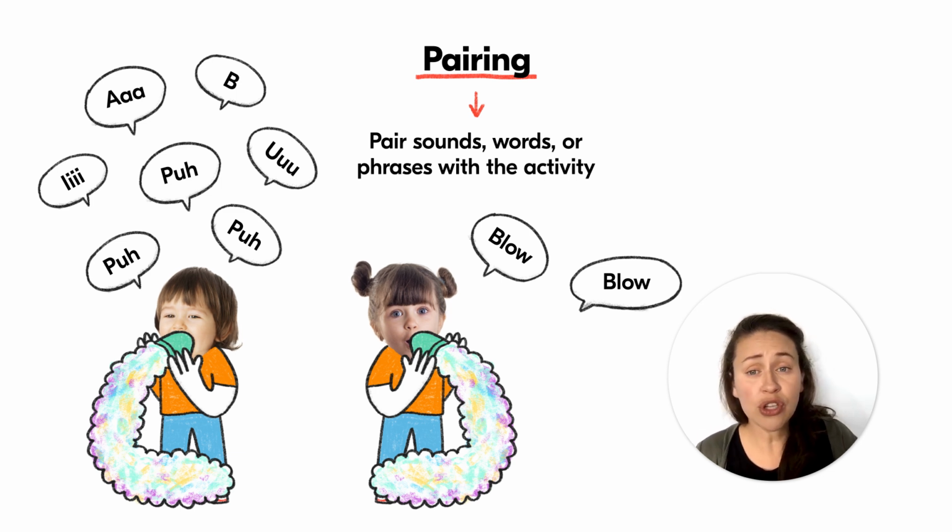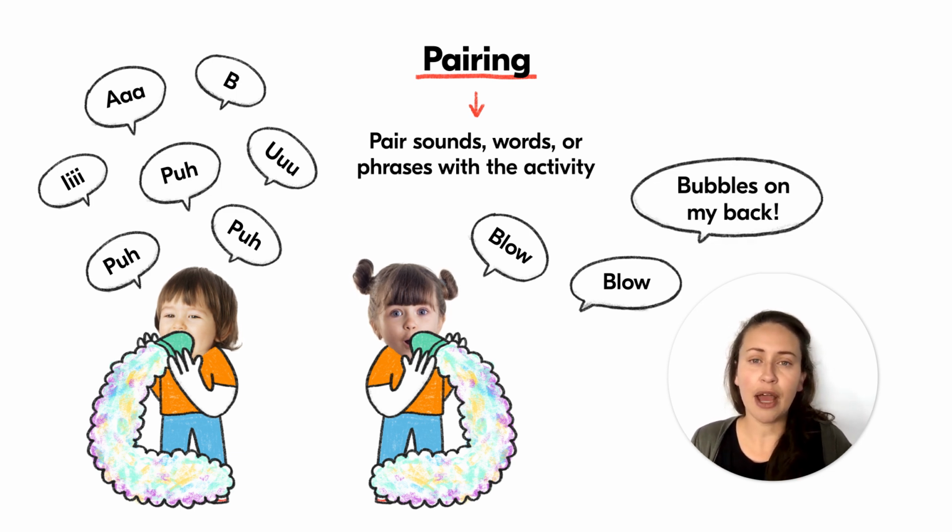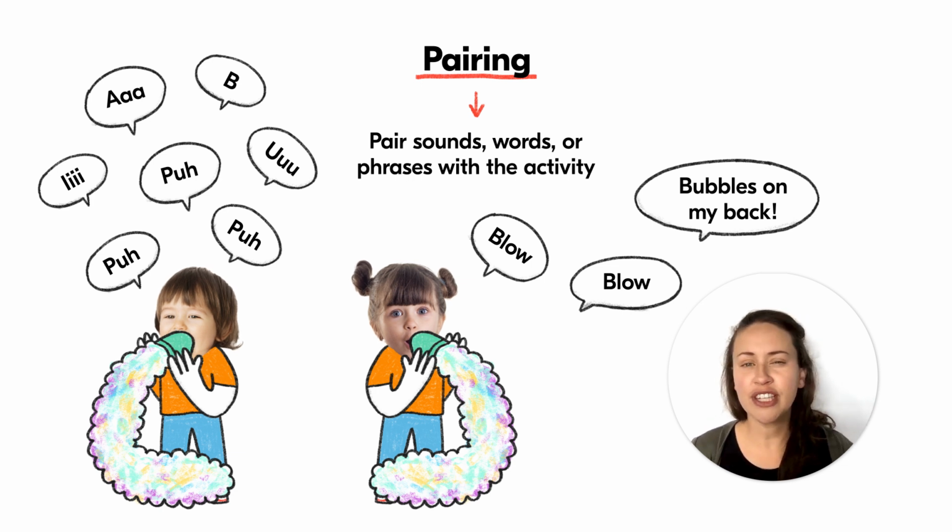You can also include some fun sentences like bubbles on my back. And you can start it out in a fun, little bit of a different way.